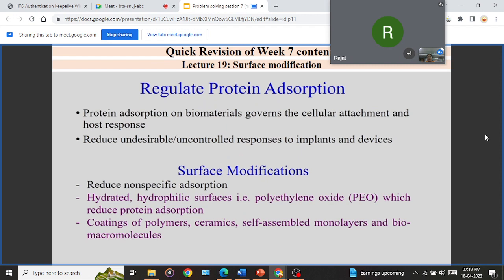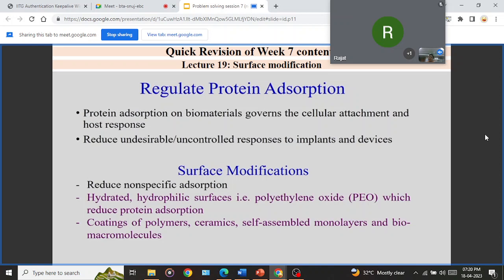Moving on, to regulate the protein adsorption, the idea behind it is to reduce the undesirable or uncontrolled responses to these implants and devices. These surface modifications we already discussed in the previous lectures, that is lecture 17 and 18. These various surface modifications help to reduce the non-specific adsorption.